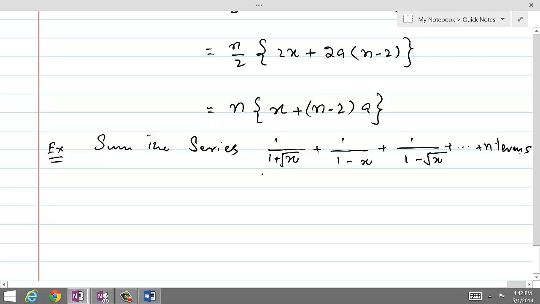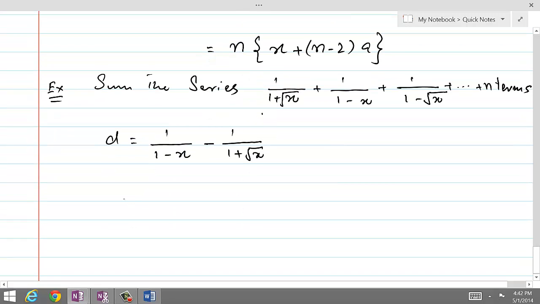If this is the series that is given, then let us calculate d. For d, we can use the same method, like subtract the first term from the second term. So this would be 1 over 1 minus x minus 1 over 1 plus under root x. Now we can factorize this first fraction, which is 1 over 1 minus x.